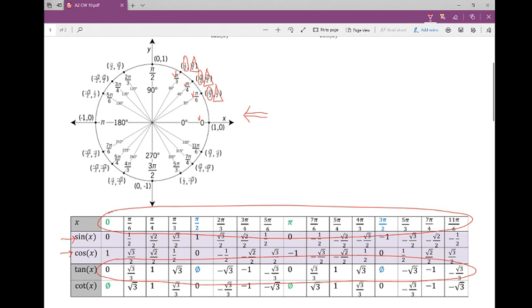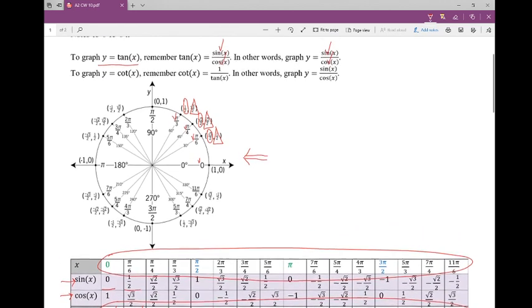So for example, at radian 0, I would get sine of x equals 0 and cosine of x equals 1. So 0 over 1 is 0. Next, pi over 6. Sine of pi over 6 is 1 over 2. Cosine of pi over 6 is square root of 3 over 2. If you take that as a fraction, we get square root 3 over 3. And likewise, we would do that for every value for tangent. And we graph this out.